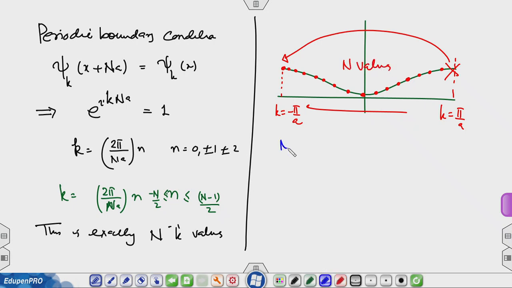For n tending to infinity, these are discrete, but delta k goes to very small values, right. 2 pi by n goes to 0, but discrete still.